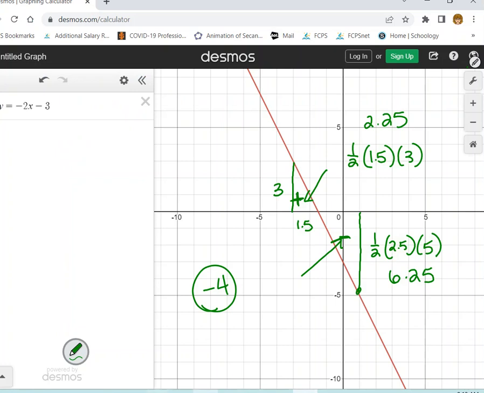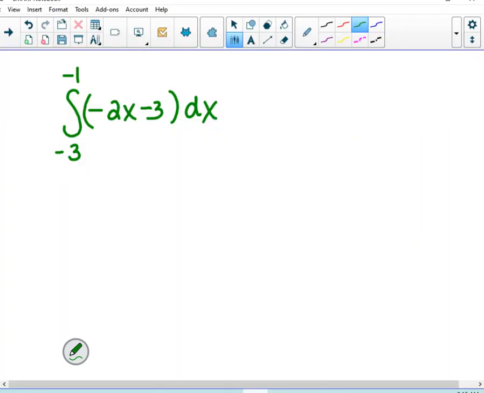Yeah, -3 to 1. If I want to FTC this, I can do it. I don't need to know what this looks like. I don't need to know positive versus negative. The positiveness and negativeness will work its way out through the fundamental theorem. This is what makes the fundamental theorem awesome: it takes away a lot of the other thinking.